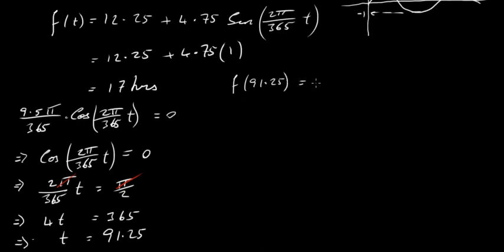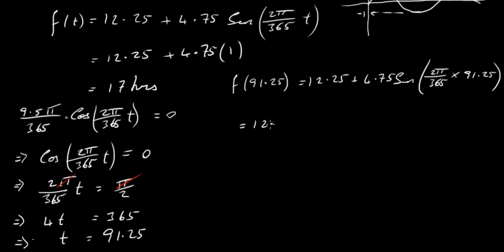So again, that's going to be 12.25 plus 4.75 sine 2 pi over 365 times 91.25. So now we'll work out the length of the longest day here.